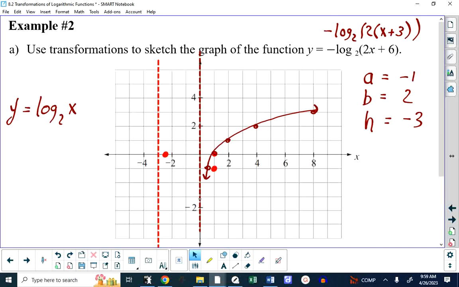If I shift it 3 to the left, it's going to be 1 away from that asymptote. I don't think we need to do every point. Let's do one more, and then we can get a rough picture. I'm going to take this key point, reflect it vertically, stretch it horizontally by a factor of 1/2, shift it 1, 2, 3 to the left. What our graph looks like is that.